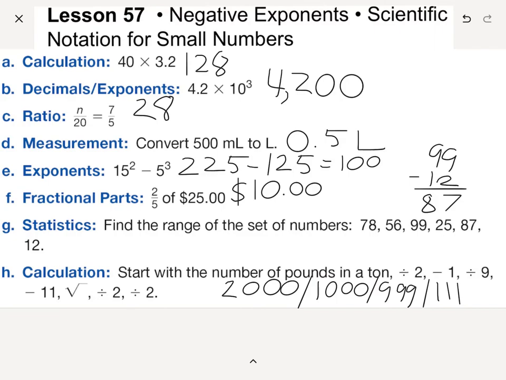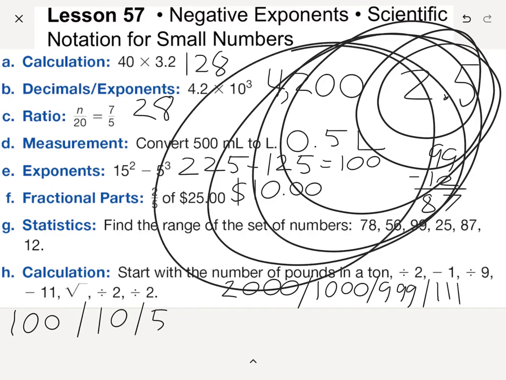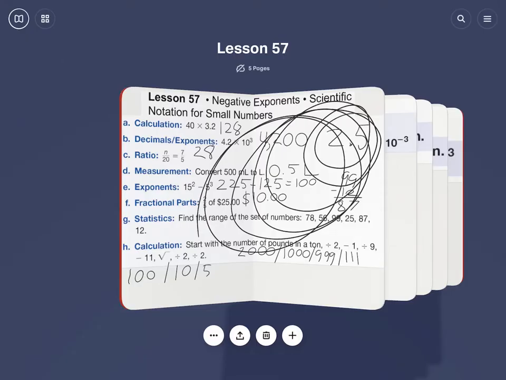This is strange. Minus 11 gives us 100, square root being 10, then divided by 2 is 5, and then that divided by 2 is 2 and 5/10. That's kind of a weird one, wasn't it? Yeah, I thought that one was a little weird. It's like 999, 111.